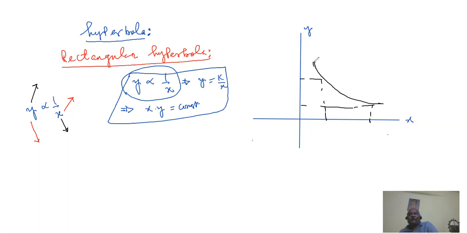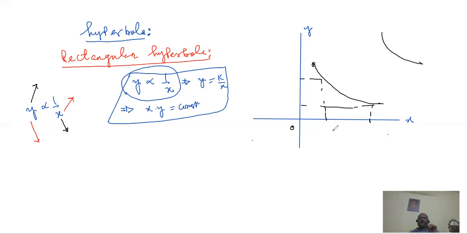Y is proportional to 1 by x, or x is proportional to 1 by y. That also is true. That is the shape of a rectangular hyperbola. We are interested in the shape of a rectangular hyperbola, especially when the hyperbola is present in the first quadrant. Other quadrants I ignore.